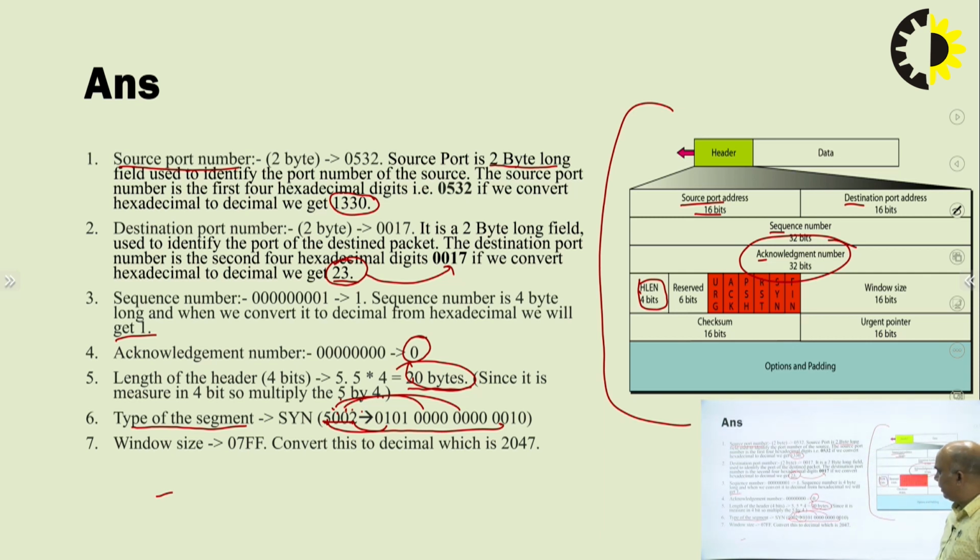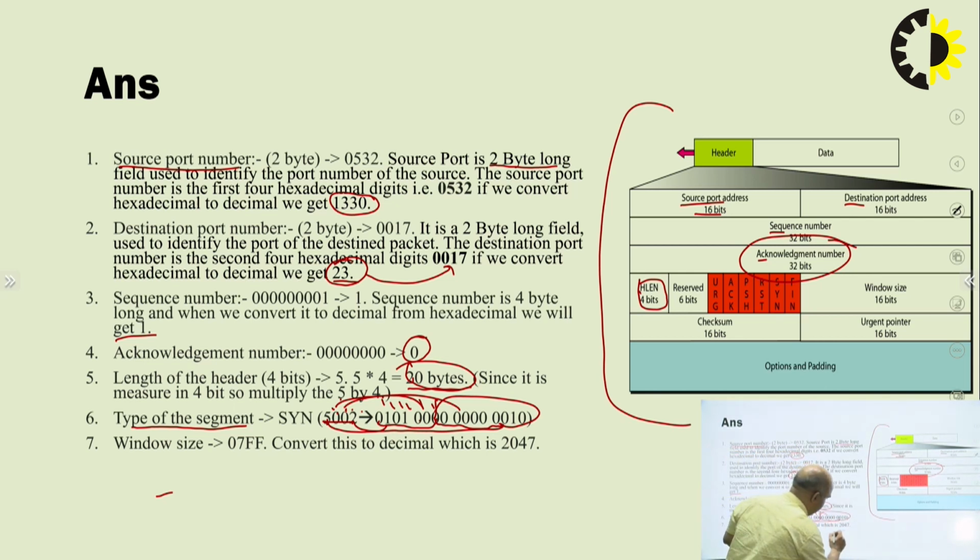Now in this, if we convert it, the first 6 bits are used for reserved. So 1, 2, 3, 4, 5, 6 bits are reserved.